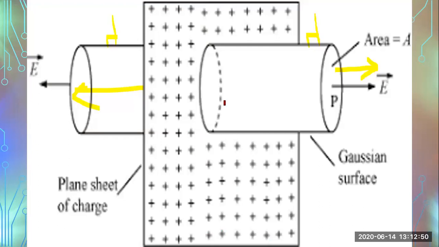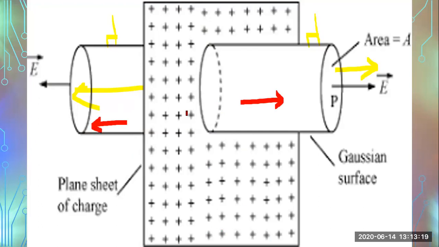These are positive charges, and you know the electric lines of force in the case of positive charges move outward. We consider a cylindrical portion of this surface, to the right side of the sheet and to the left side of the sheet.